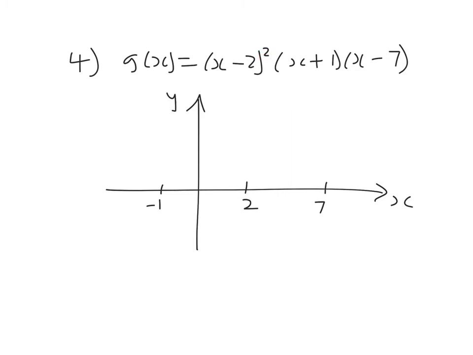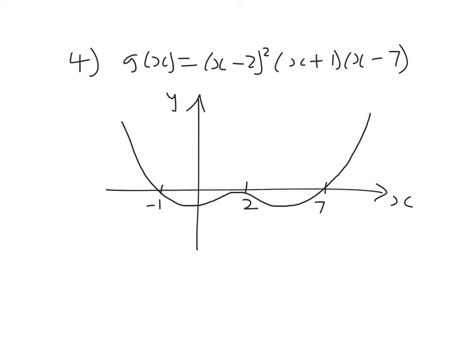So generally the graph does this. That's not terribly good with my finger on the iPad, but generally it does that. So this point here, it should be touching. There shouldn't be that gap there.